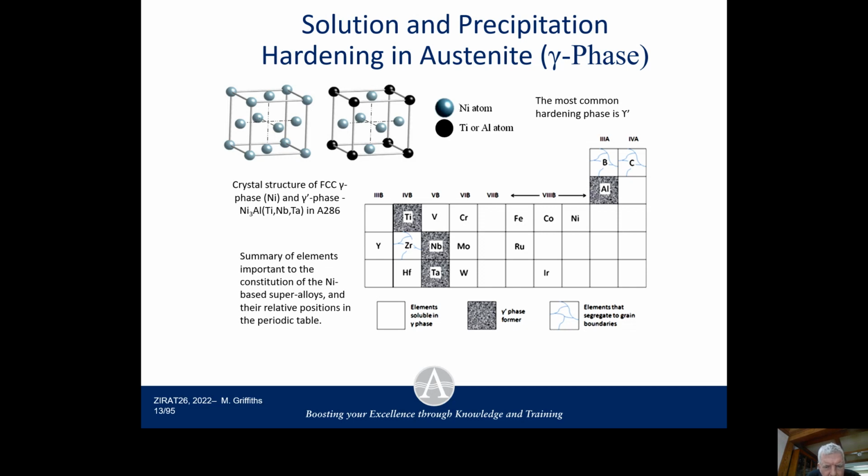The elements which are soluble in the austenite phase are shown, and also those elements that precipitate on grain boundaries. The carbon is the most important one, although if you have any boron in there, it's a little bit perhaps.